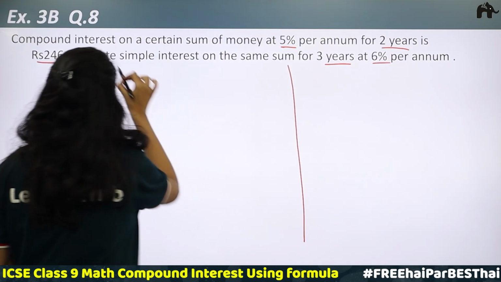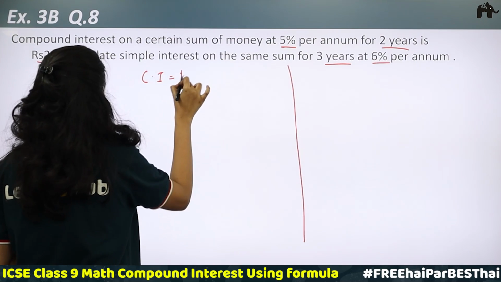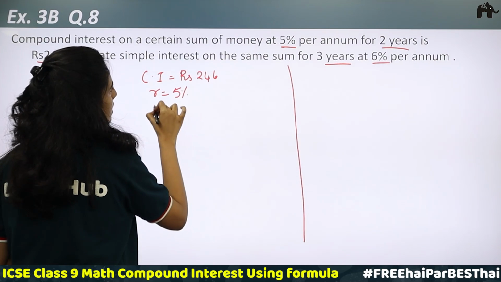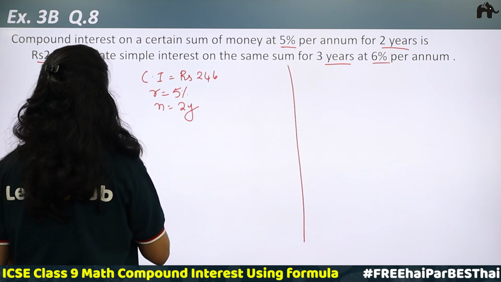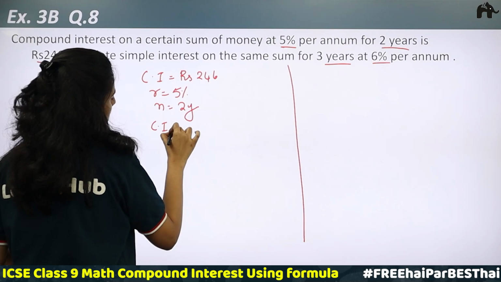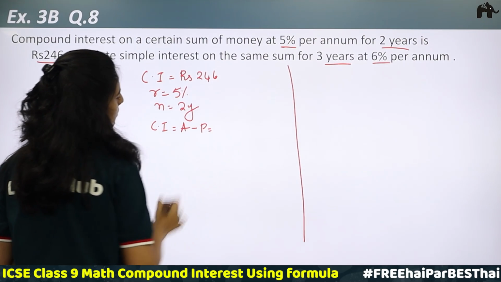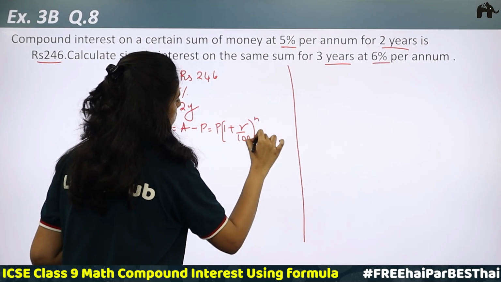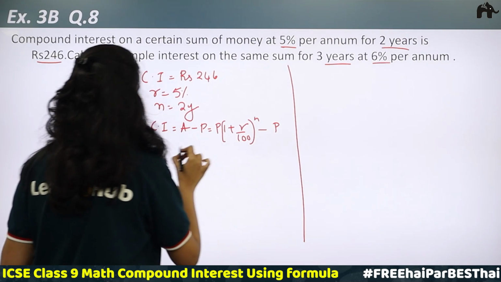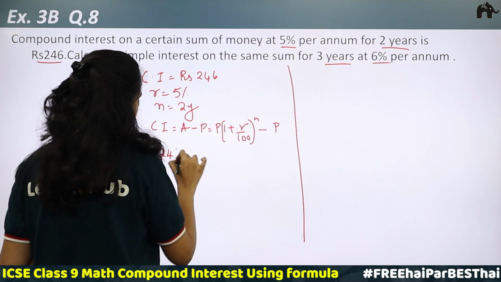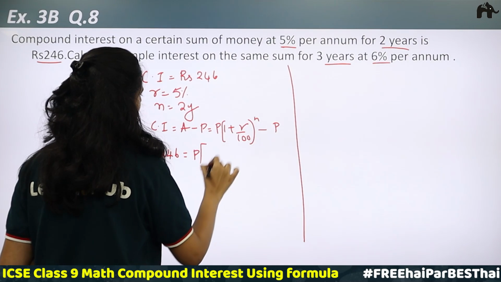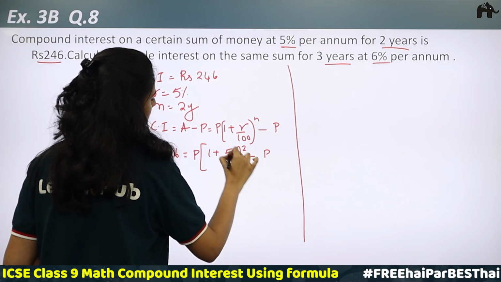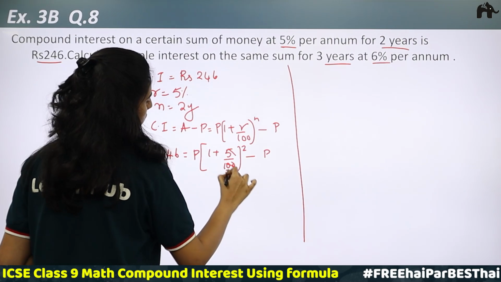So the given data, compound interest is given equal to rupees 246, rate of interest 5%, number of years 2 years. We have compound interest is equal to amount minus principal, which is equal to P into 1 plus R by 100 raised to N minus P. Put the values. 246 is equal to P into 1 plus 5 by 100 raised to 2 minus P. So this becomes 20.